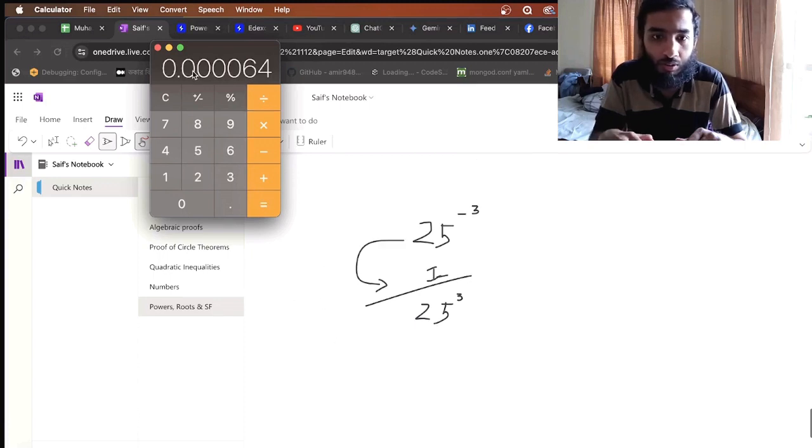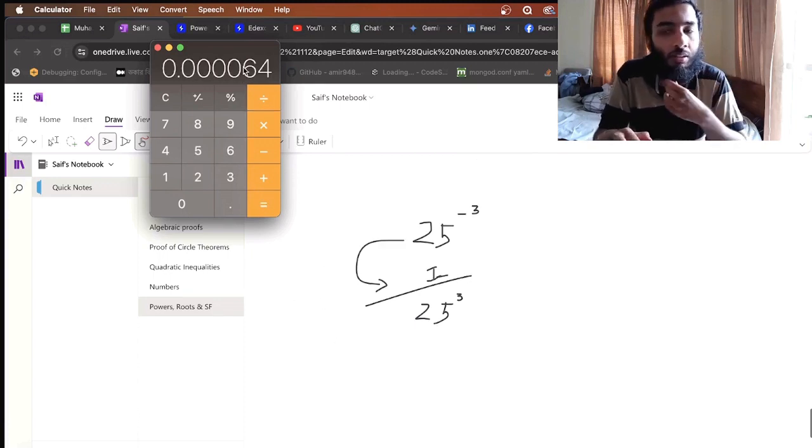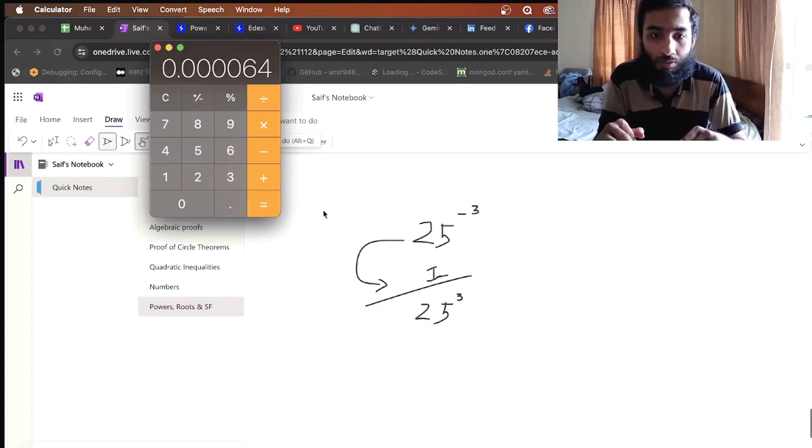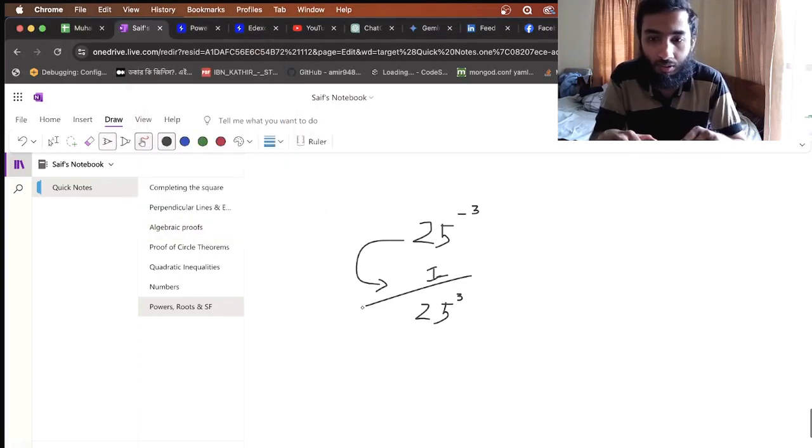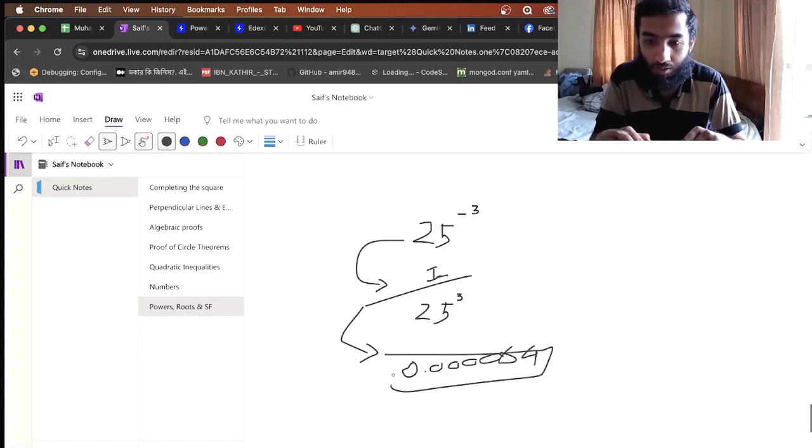So this is the ordinary number representation of 25 to the power minus 3, which is 0.000064.